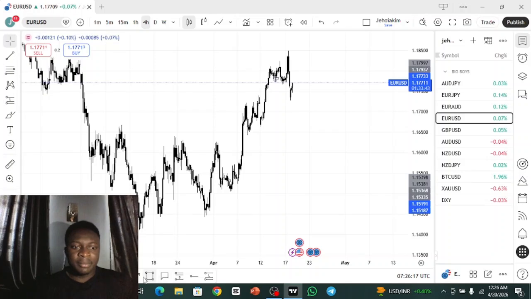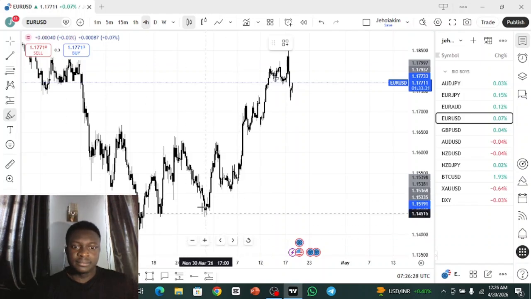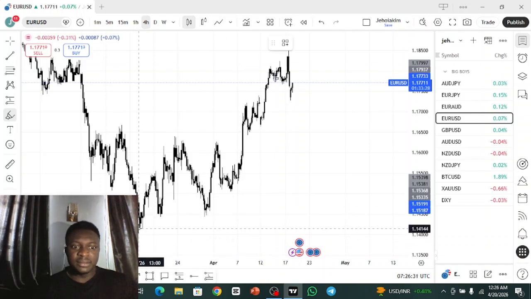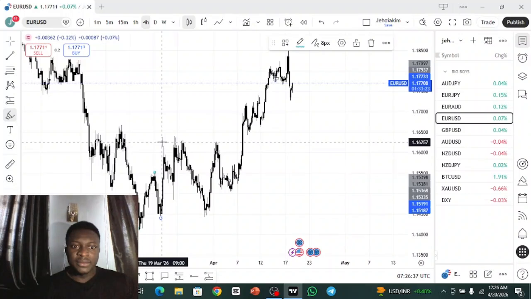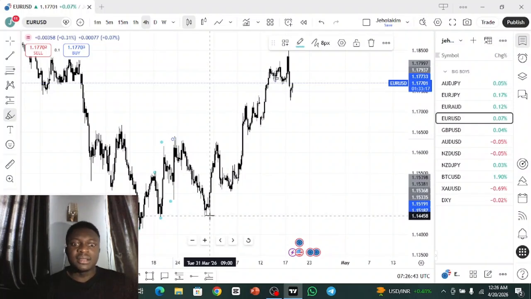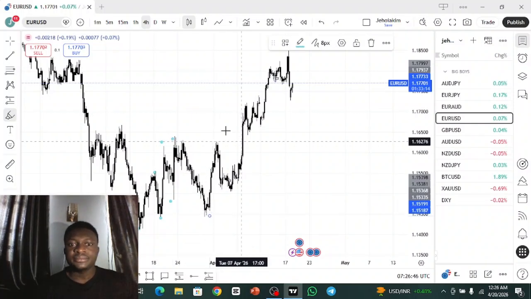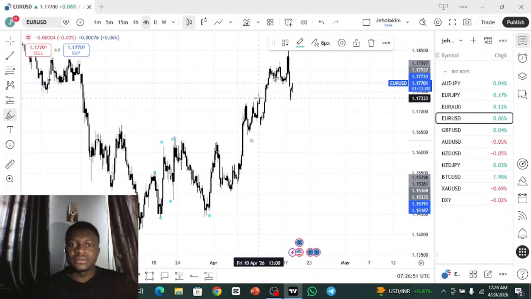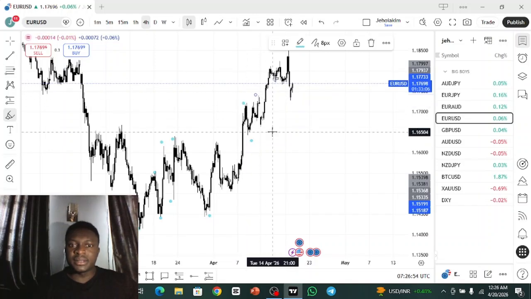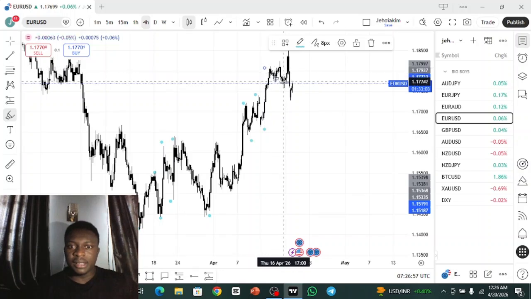As you all know, we have the market movement: a lowest point, then a higher high, higher low, higher high, higher low, higher high, higher low, taking liquidity.